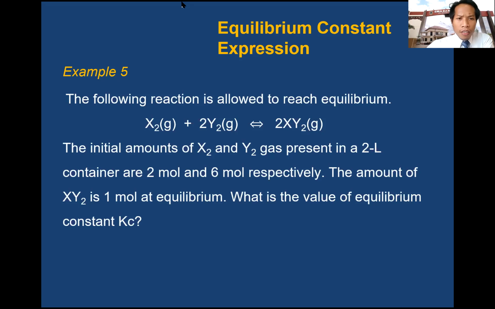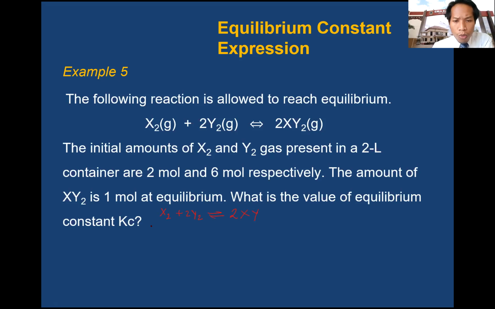Okay, if it is finished now, I'm going to show you how to solve this kind of problem. There's a trick in solving an equilibrium equation. What should you do to solve an equilibrium equation? First, you write the reaction X2 plus 2Y2 in equilibrium, this symbol, 2XY.